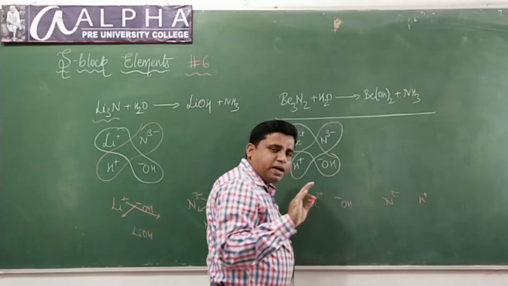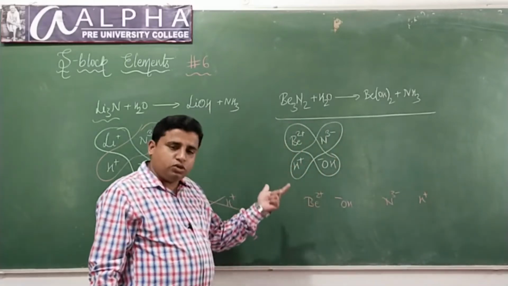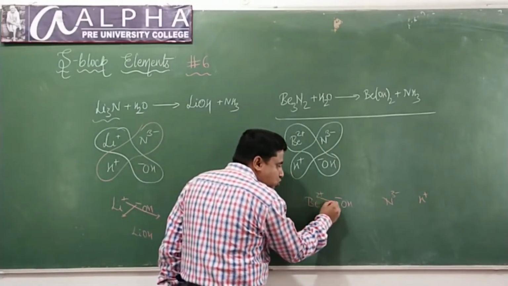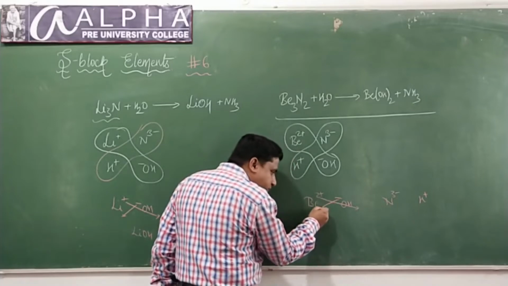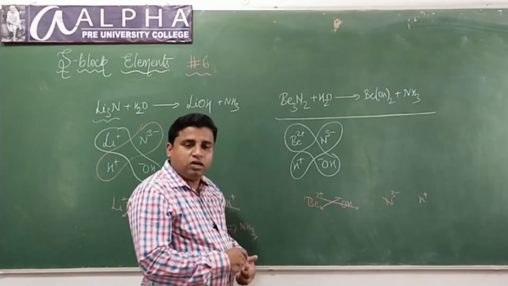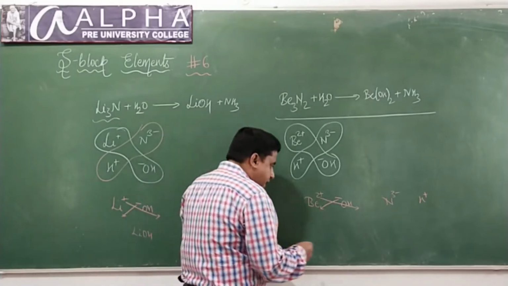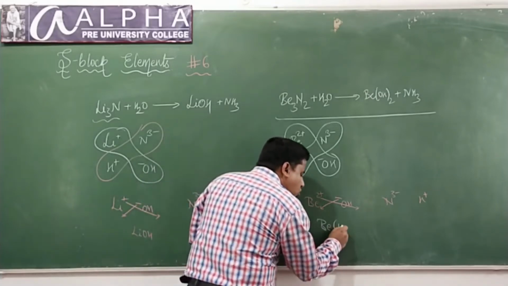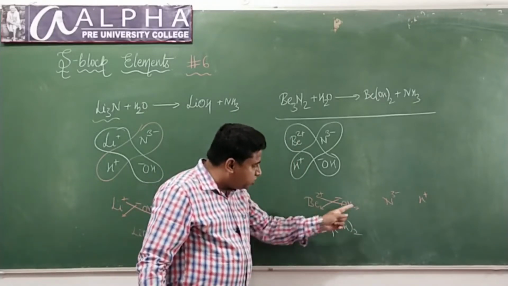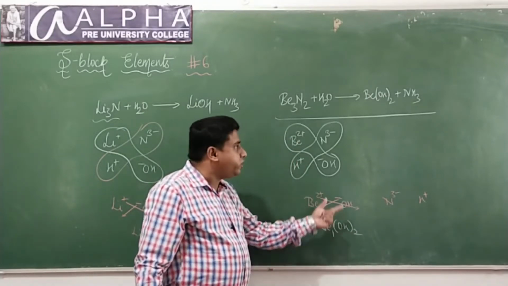Guys, don't learn the reaction by heart, remember this way. Apply the crisscross method. Plus 2 charge to this side and OH minus charge to this side, 1 to this side and 2 to that side. We will get Be1(OH)2, that is beryllium hydroxide.